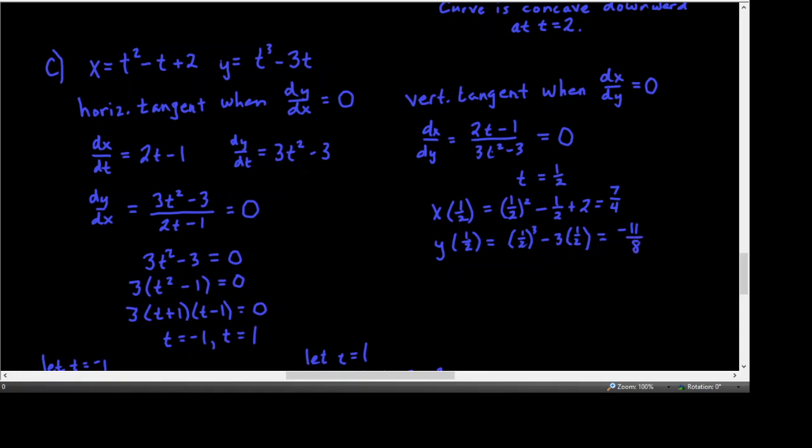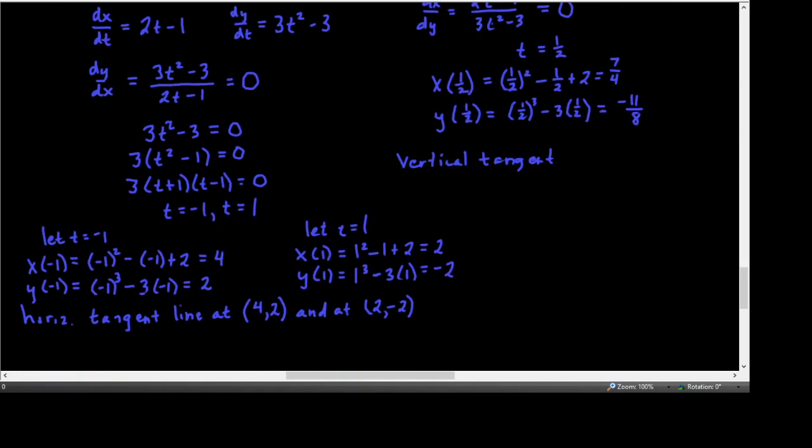And so that means we have a vertical tangent line to the curve at the point 7/4, -11/8.